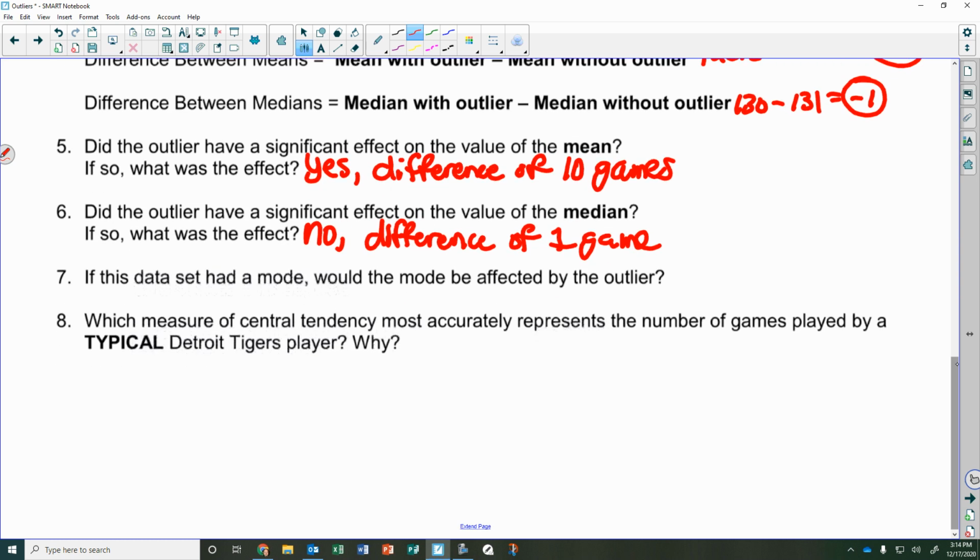All right. If this data set had a mode, would the mode be affected by the outlier? Okay, and that is no, because the mode is the number that happens the most. That's the number sign, by the way. Number that happens the most.